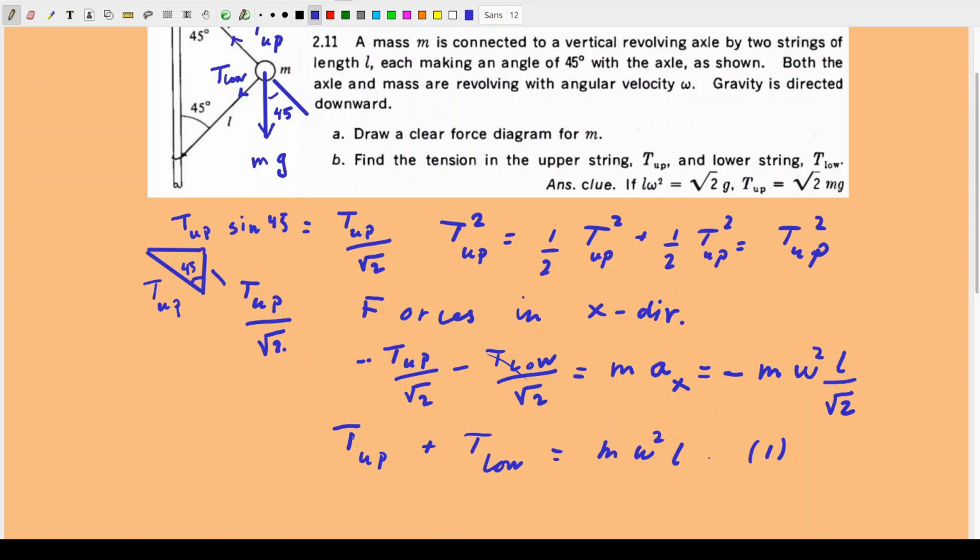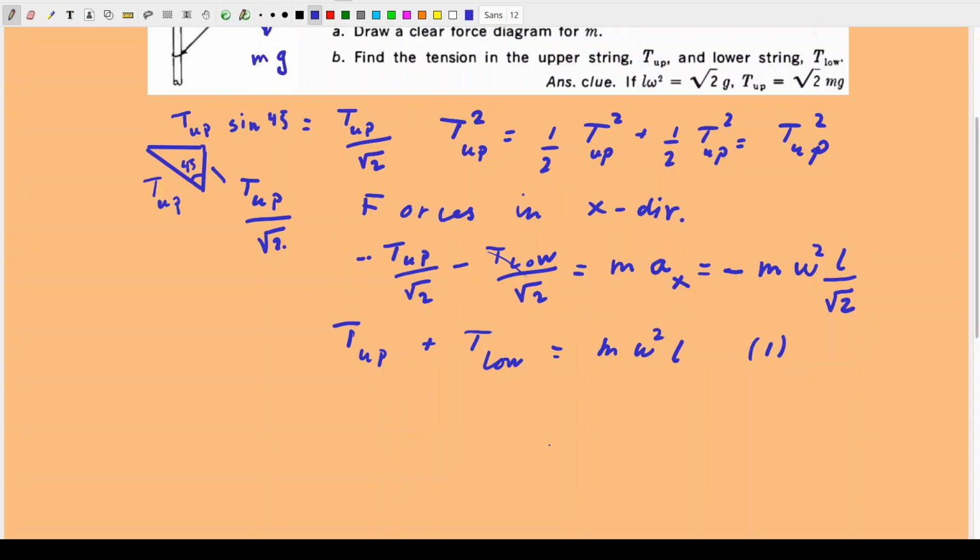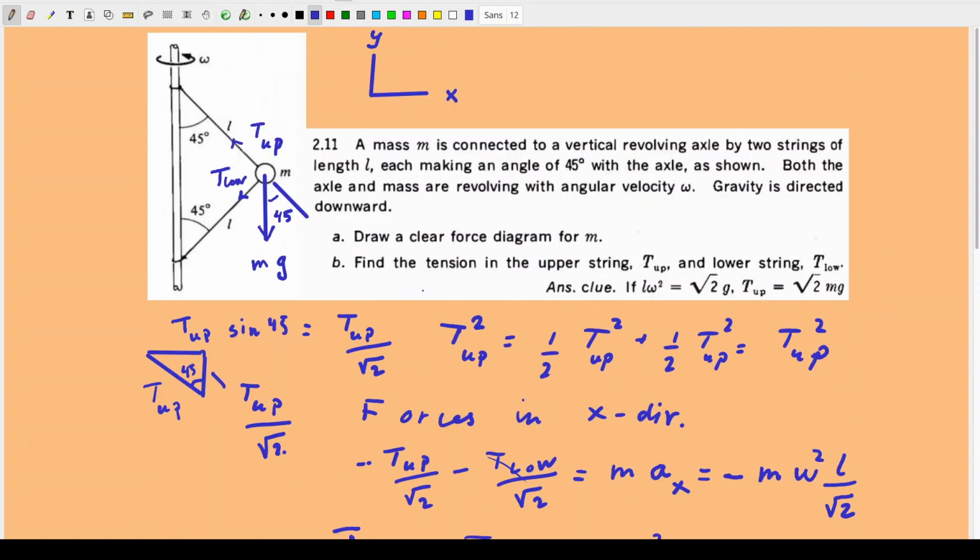And the next step is doing the forces in the y direction. If we go up, we can see there are string forces in the y direction and also the gravitational force.